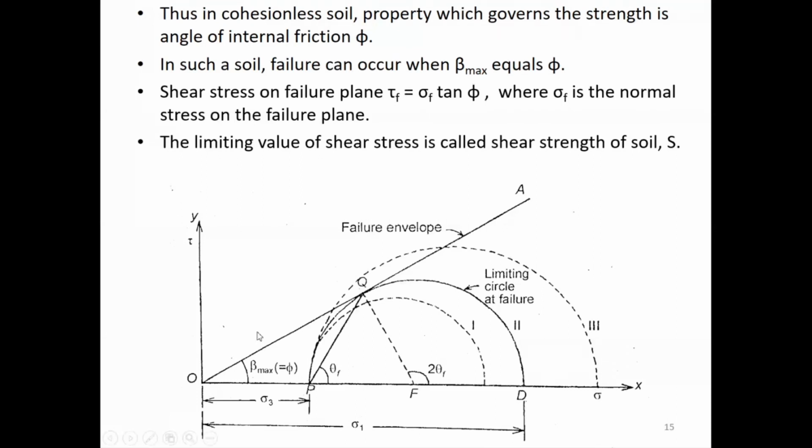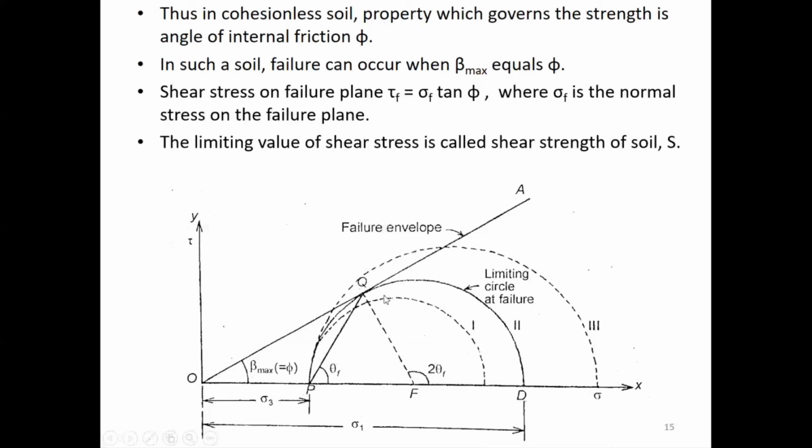So these limiting values of shear stress for different normal stresses are represented by this line OA, tau f is equal to sigma f tan phi. Those values are called my shear strength of the soil for different normal stresses. So for this particular Mohr circle, for this particular stress system, for a soil with a normal stress sigma f and tau f, it will be inclined at an angle beta max, which is equal to phi.